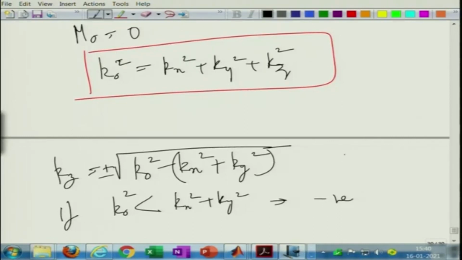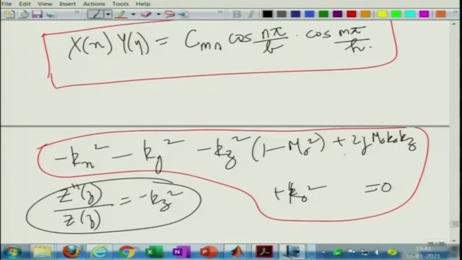Remember now, kz is multiplied by j times kz, that is what will happen once you insist on this kind of a variation where I am pointing. You try to put in your kx, ky values and figure out what kz is.